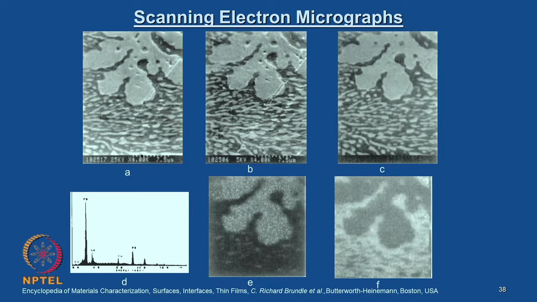And these SE2 and SE3 signals are not going to promote the topological details. In fact, when they come out of the specimen, they are going to interfere and reduce the resolution. That is what is happening here.